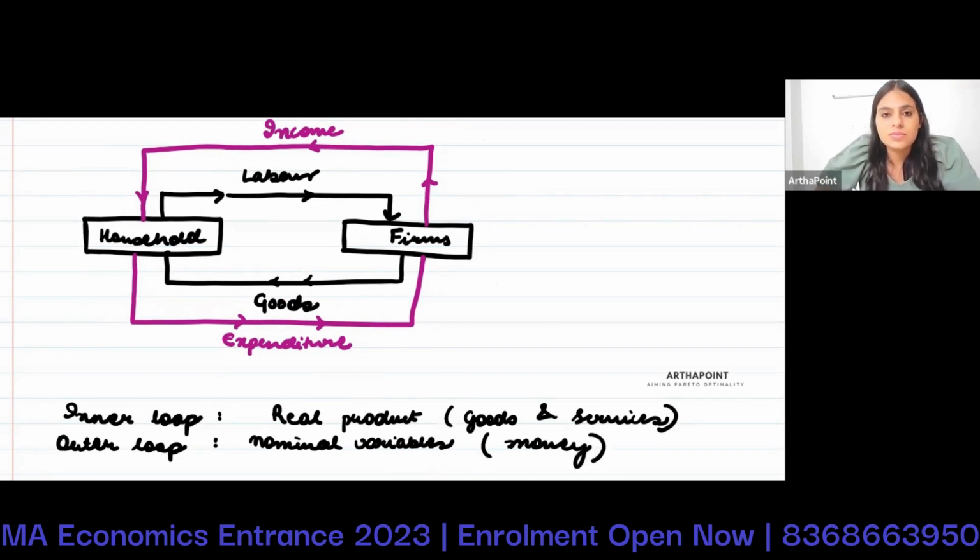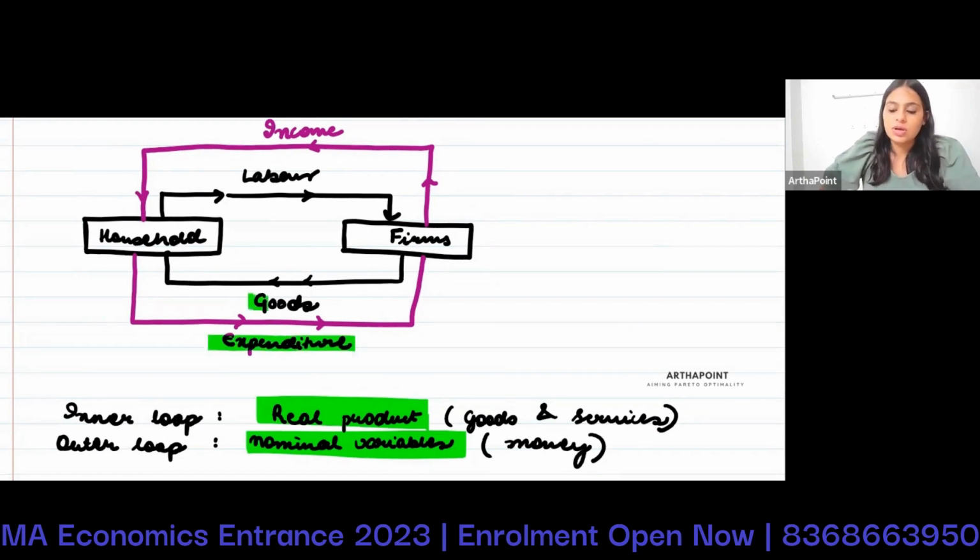And what this loop suggests is that at the end of the day, how much real is generated and how much nominal is generated, they have to be synonymous to each other. You are going to spend money only against goods. You are going to incur income only against the labor that someone provides. Only then you're going to pay them wage. So they are synonymous to each other.